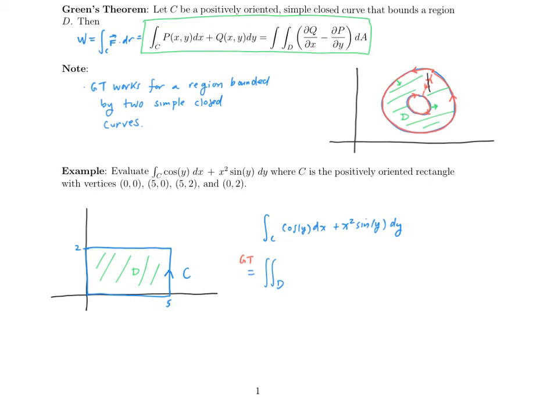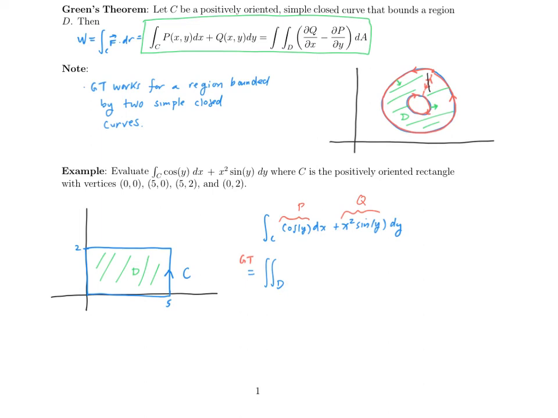And note, P is the quantity paired up with the dx, Q is the quantity paired up with the dy. And we do have to be careful to make sure we pick our quantities appropriately. We do not always need to have the order something dx plus something dy. So it's not that P is always first and Q is always second. But remember your alphabet, x, y, P, Q.